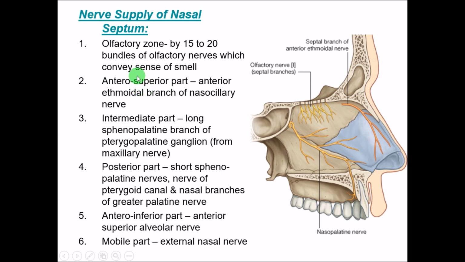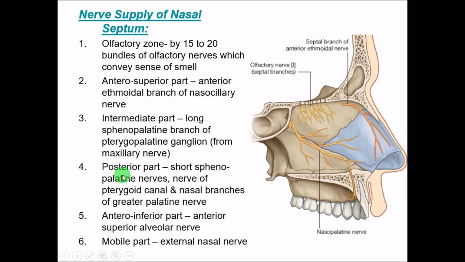Okay, then the second is the anterior superior part, which will be supplied by the anterior ethmoidal branch of the nasociliary nerve. The most anterior part will be supplied by the septal branch of the anterior ethmoidal nerve, which they have mentioned here. Then the intermediate part is supplied by the long sphenopalatine branch of the pterygopalatine ganglion from the maxillary nerve.